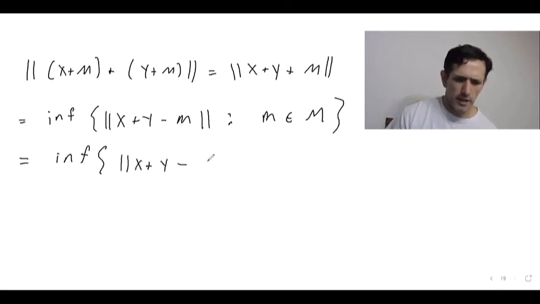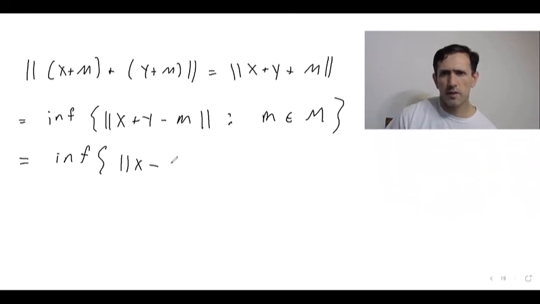Let's say minus m. Yeah, let me write it like this. I'm just including, I mean, this whole thing here is exactly the same thing as this whole thing here. I'm just including another M2.